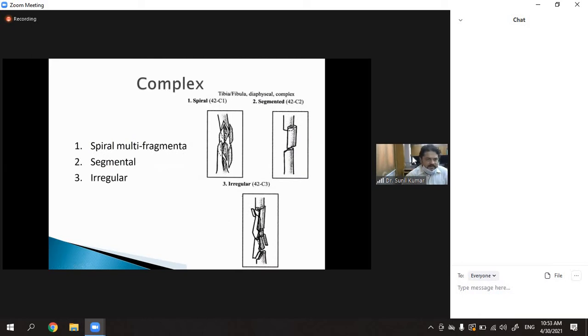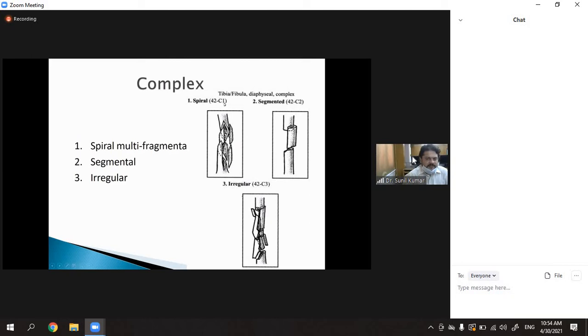In the complex C, it is again 1, 2, 3: spiral multifragmentary, segmental fracture, and irregular fracture. Many fracture combinations are there in the fracture, so it will be the irregular C3. So again in this, 4 is tibia, 2 is the diaphysis, C is the complex fracture.